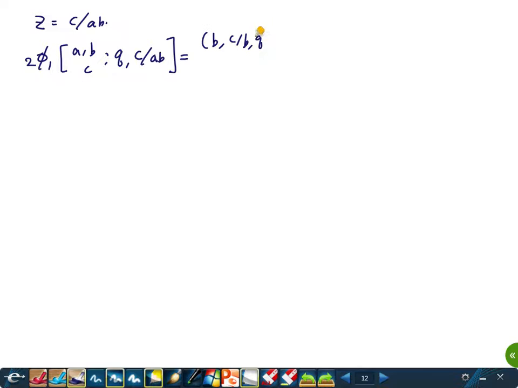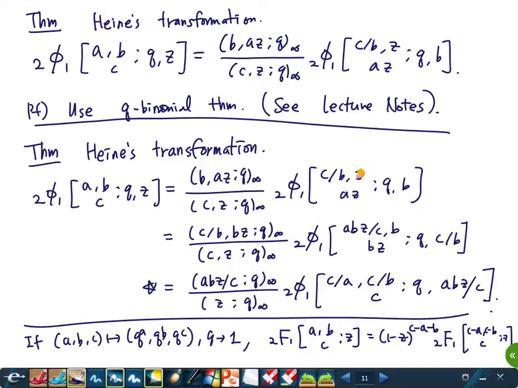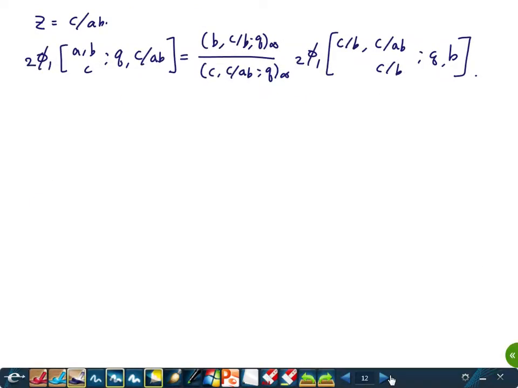I'm just plugging in the 2 phi 1. Then it turns out like that. I just used Z equals C over AB. So you replace this by C over AB, this by C over AB, then you get this.